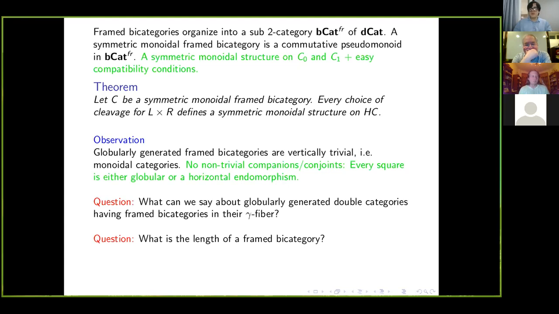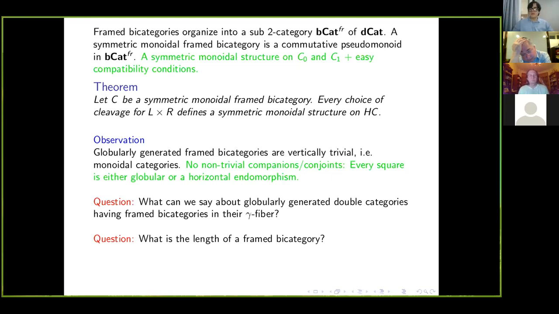The obvious question would be, when is a globularly generated double category a frame bicategory? And the answer is, yeah, not very good. Globularly generated frame bicategories are vertically trivial. The only case in which a globularly generated double category is a frame bicategory is when the vertical arrows are identities.